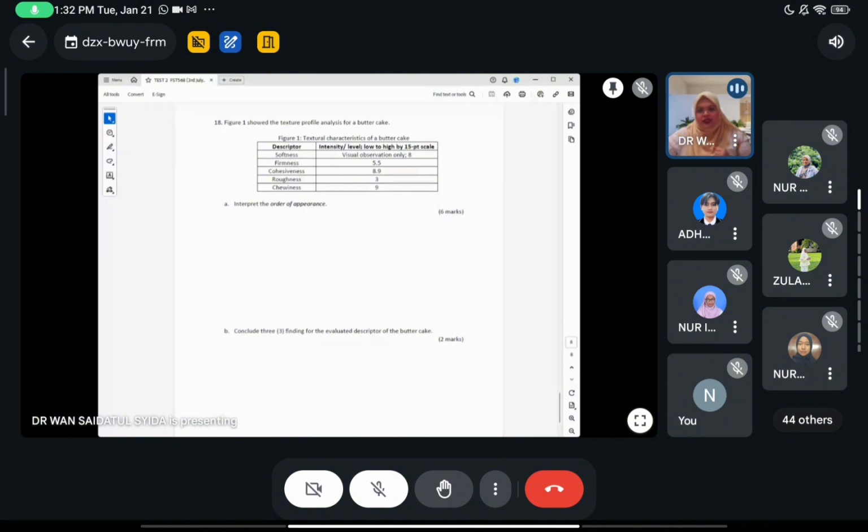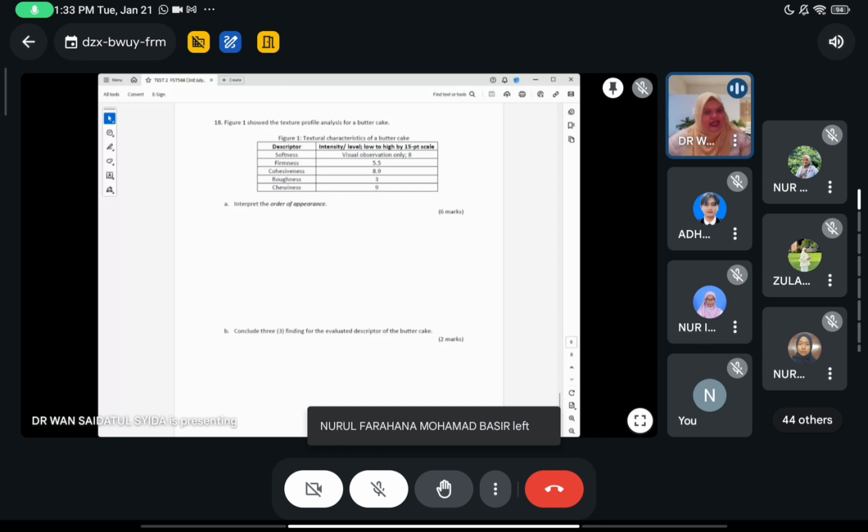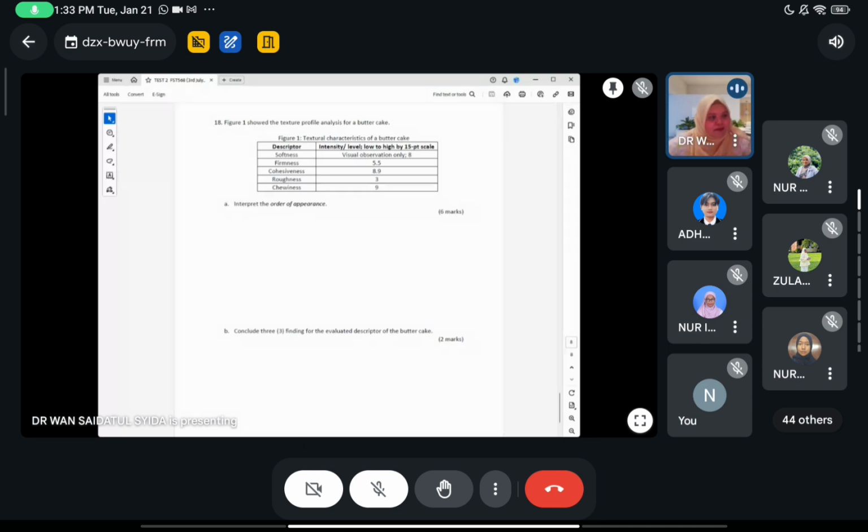Figure 1 shows the texture profile analysis for a butter cake. Now you go back to your notes. I hope you have notes with you, but I won't show them on the screen. Did you see any texture profile for the butter cake?